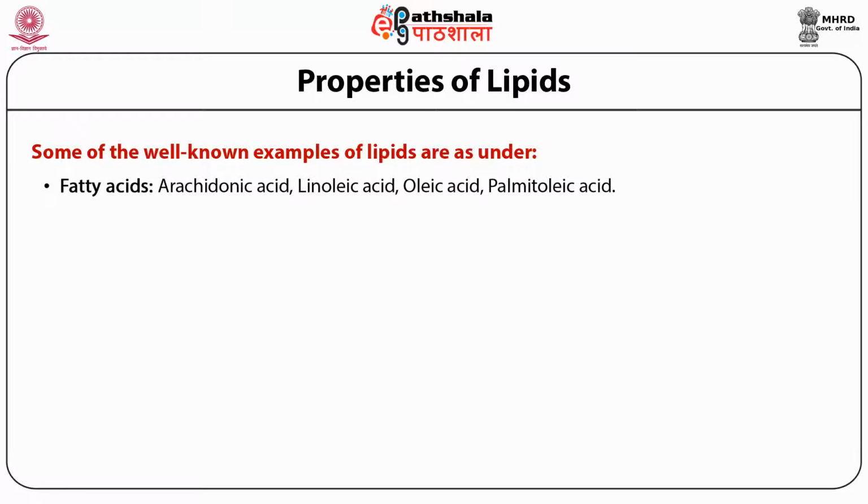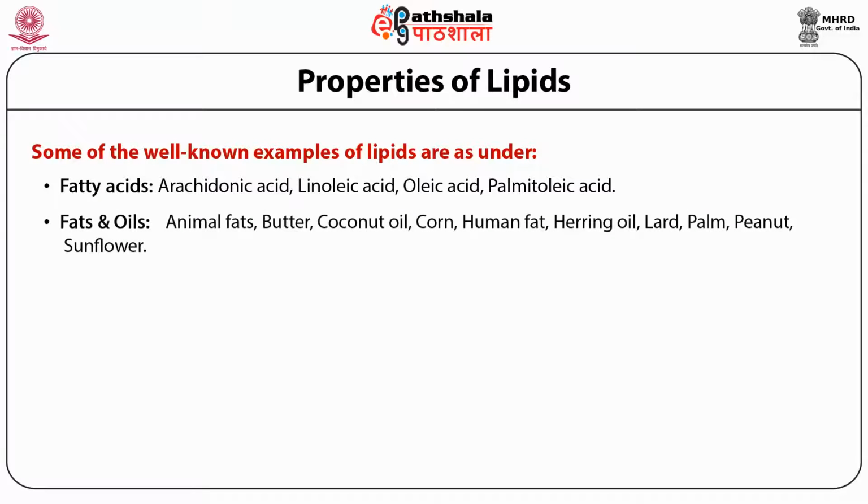Fatty acids, for example, arachidonic acid, linoleic acid, oleic acid, and palmitoleic acid. The examples of fats and oils include animal fats, butter, coconut oil, corn, human fat, herring oil, lard, palm, peanut, and sunflower.